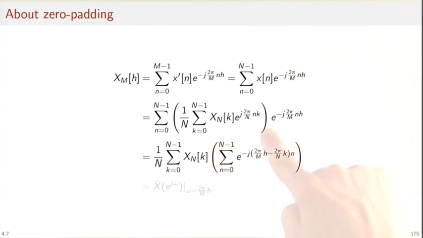It's a sum from 0 to capital N minus 1, and it has exactly the same expression as the DTFT of a finite length signal, but instead of having omega we have 2 pi over capital M times h. And so this is simply the expression of X bar e to the j omega evaluated at the location omega equal to 2 pi over capital M times h, the exercise we had done before.